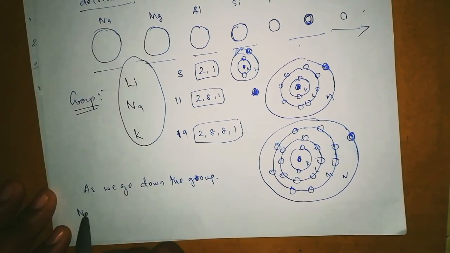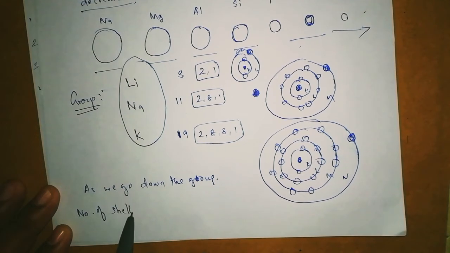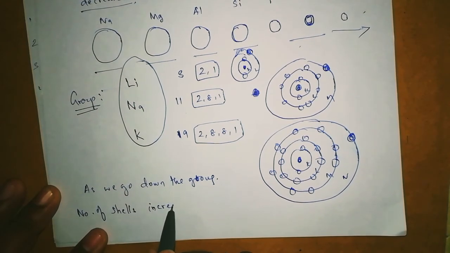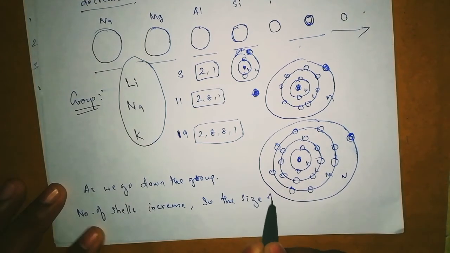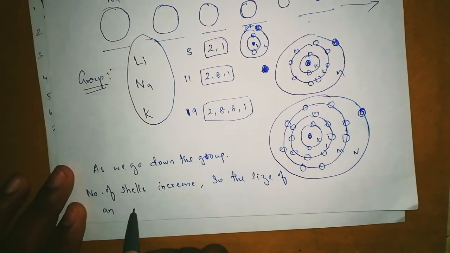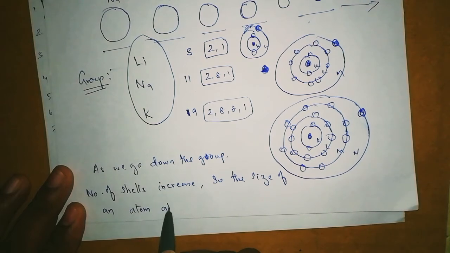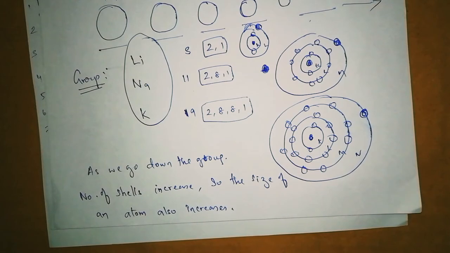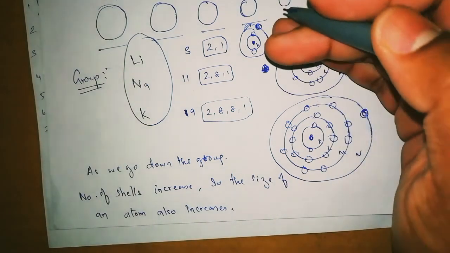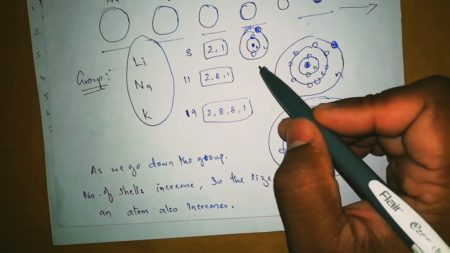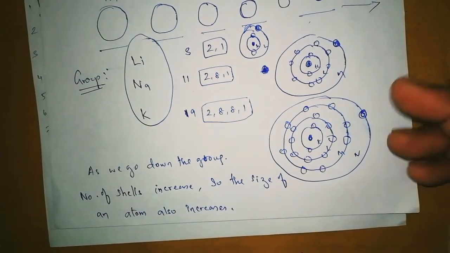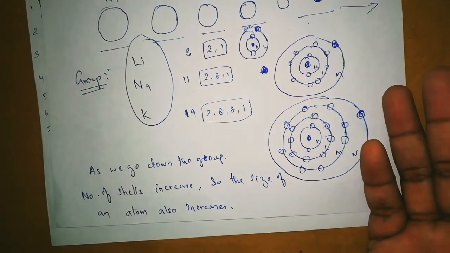Number of shells increases, so the size of an atom also increases. I hope you understand. So as we go down the group, the number of shells increases. If the number of shells increases, automatically the size will increase.